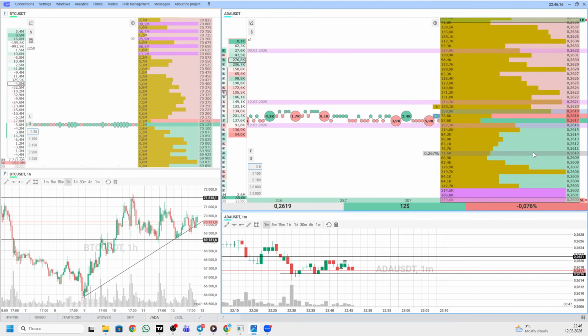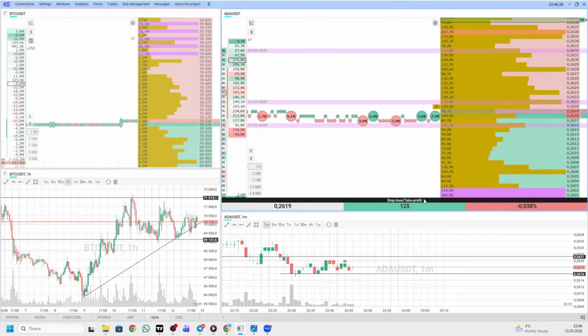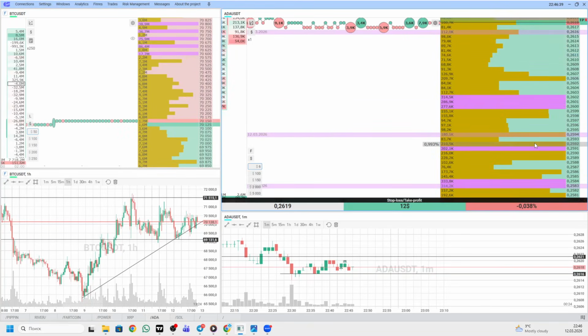So in order to move our stop loss to break-even, there is a hotkey. It's C. If you press button C, you see what it says here, stop loss, take profit. So right now I hold this C key and I can move my stop loss wherever I want.